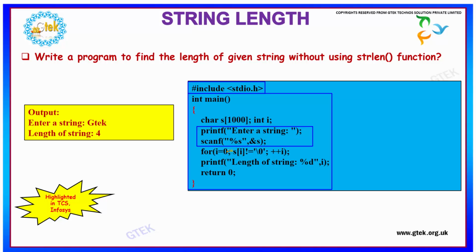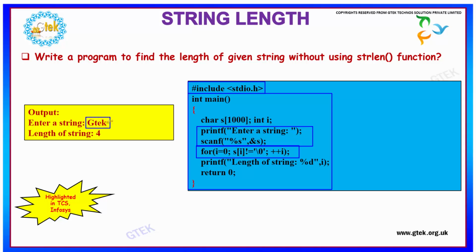And we are executing a for loop over here to find how many times your I can be incremented until the value of your array at the position of I is not equal to null character. So at the end of the string you will have a null character by default.